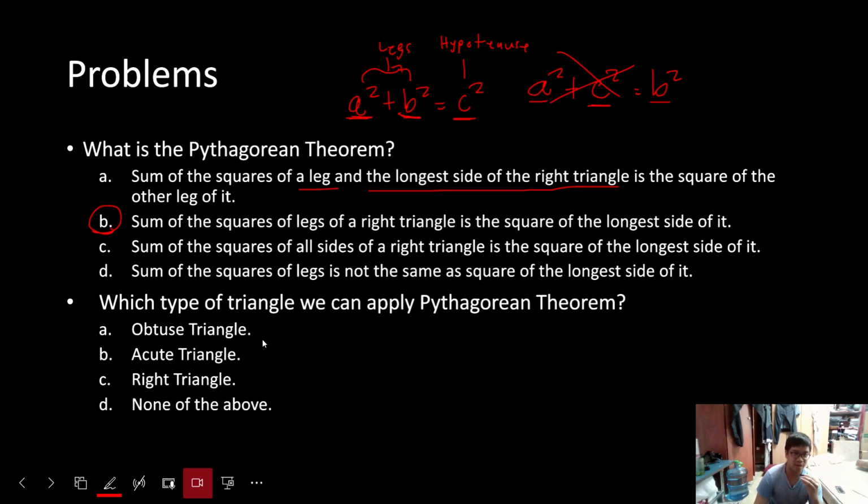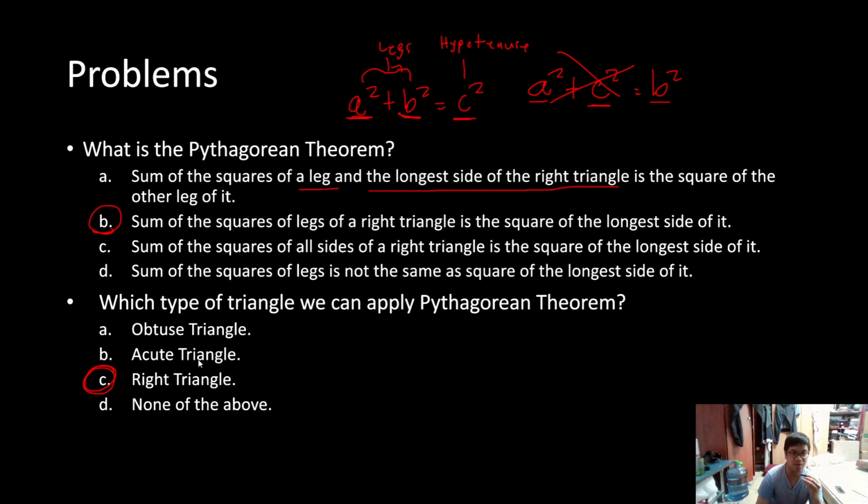In which kind of triangle can we apply the Pythagorean theorem? A. Obtuse triangle. B. Acute triangle. C. Right triangle. And D. None of the above. I think the clue here is already in the first problem, right? It is a right triangle.